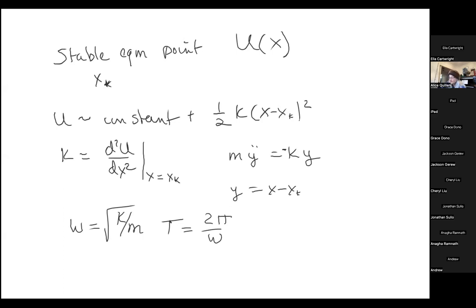So for any stable equilibrium point, if you have motion near it, you can figure out the period of oscillations. That's how to figure out harmonic motion near a stable equilibrium point.